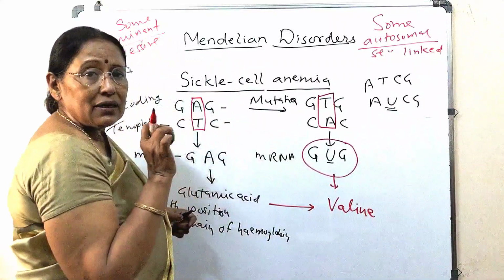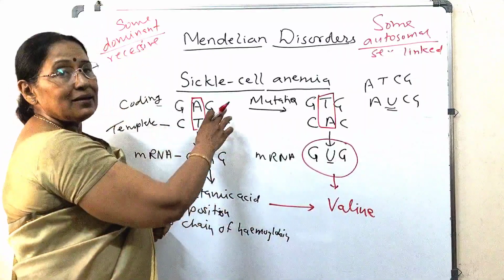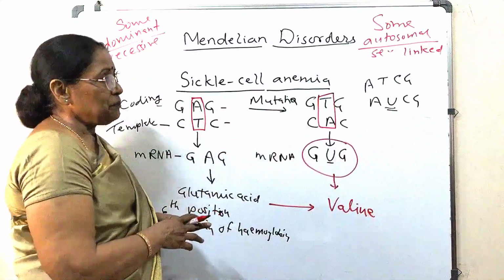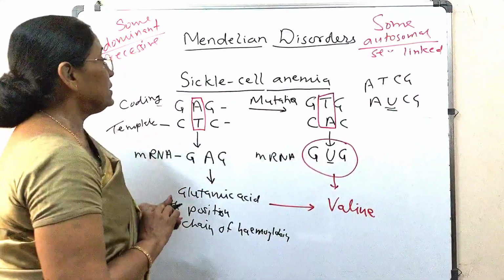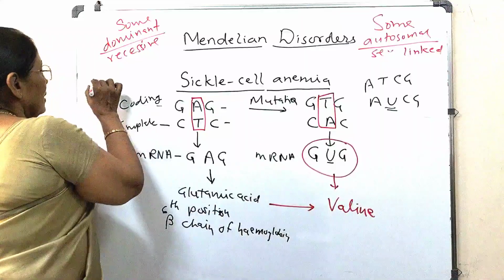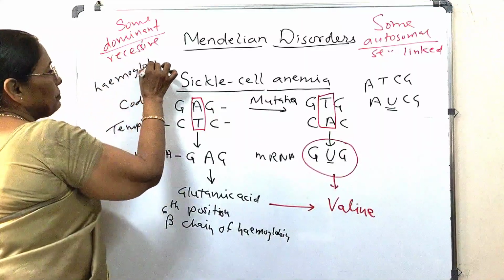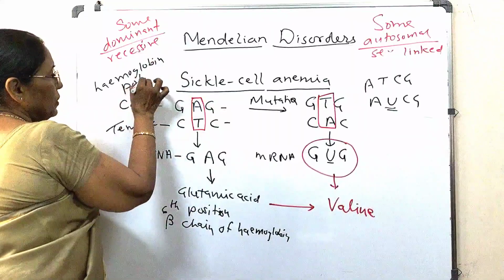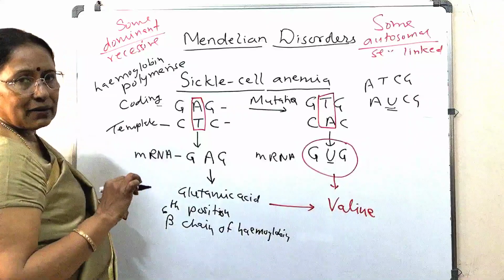Due to this one amino acid change from glutamic acid to valine, sickle cell anemia is caused. Now what happens here is, in these diseased persons, the hemoglobin molecules polymerize under low oxygen tension. ये अच्छे से याद रखिए.